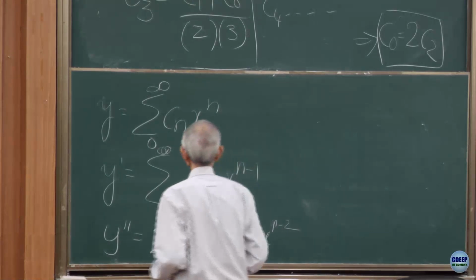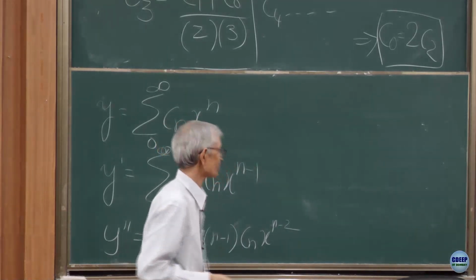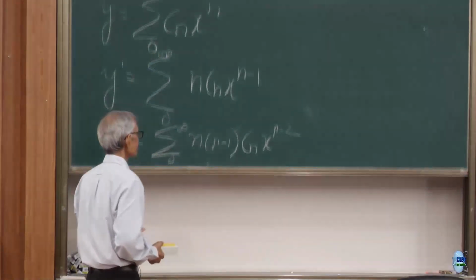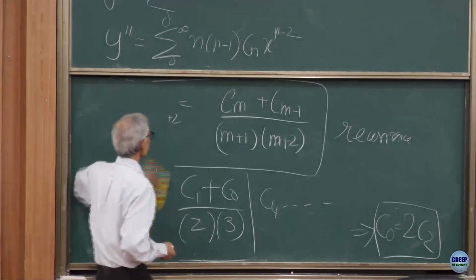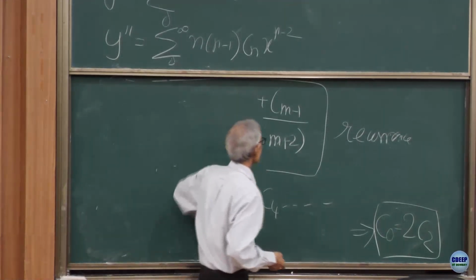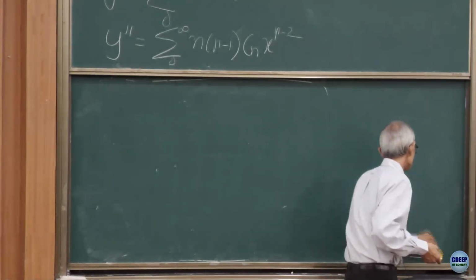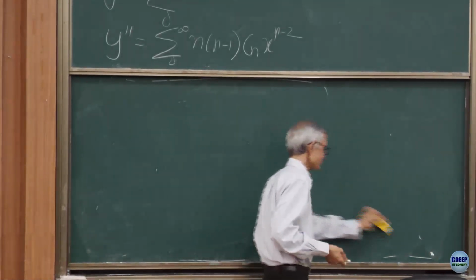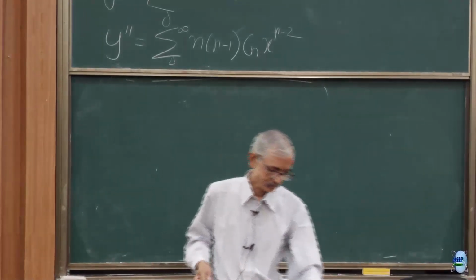Alright, we'll do a couple more examples and then we say that we understand this business of series solutions. Another example that I'm going to now look at is, I mean, it's kind of like beating it to death, but nevertheless I would like to do that because this is a fairly nice equation.